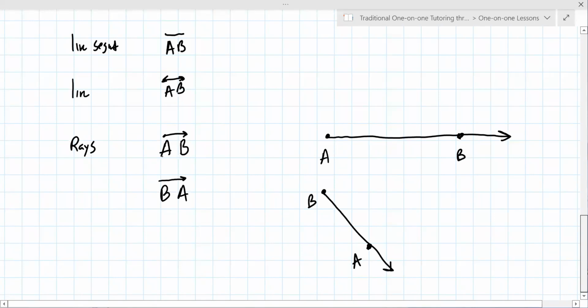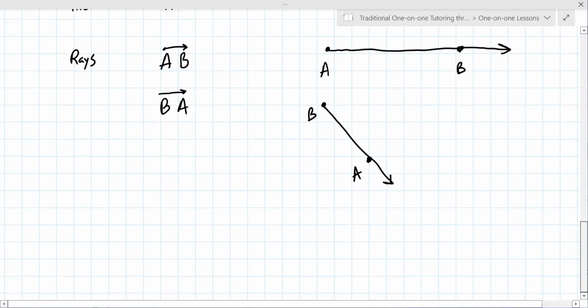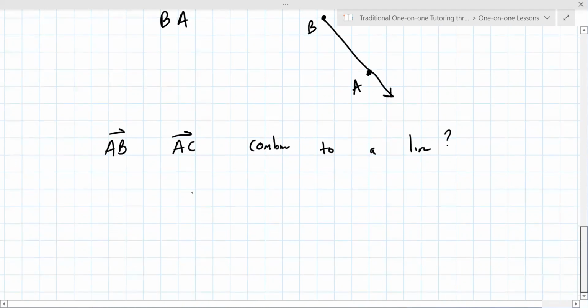This is where it can get very confusing, because I can say, do rays AB and AC combine to make a line? Let me give you the possibilities.